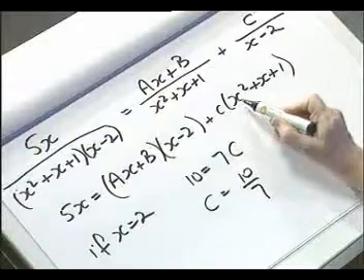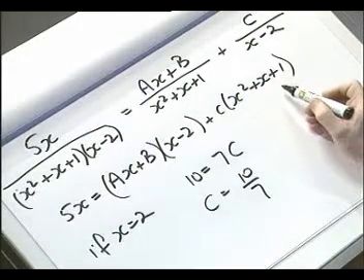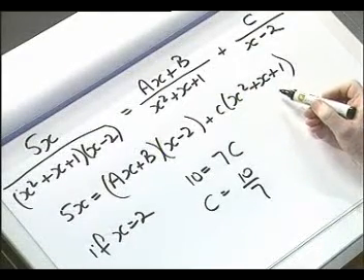Unfortunately, there's no value for x that will enable us to get rid of c, so we're going to have to use the technique of equating coefficients. I'll write this out again.